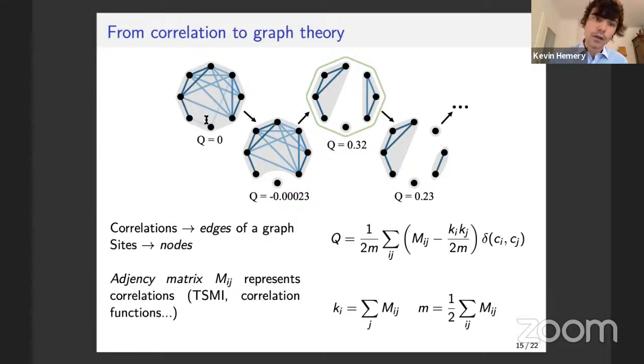So here we remove these two weak bonds, and we arrive at the second step at the first partitioning of our system, or first clustering of our system, right, where you have two different clusters, and we do this recursively, and then the next possible clustering contains 3 clusters and so on, and we can do this until we have completely separated sites in the end. Okay, so now we have a linear number of partitions, which is already better than exponential.